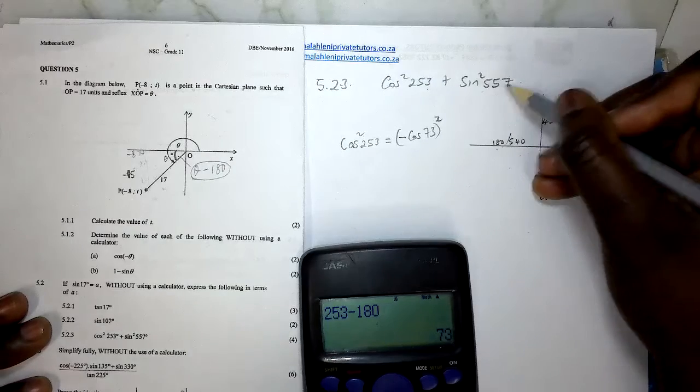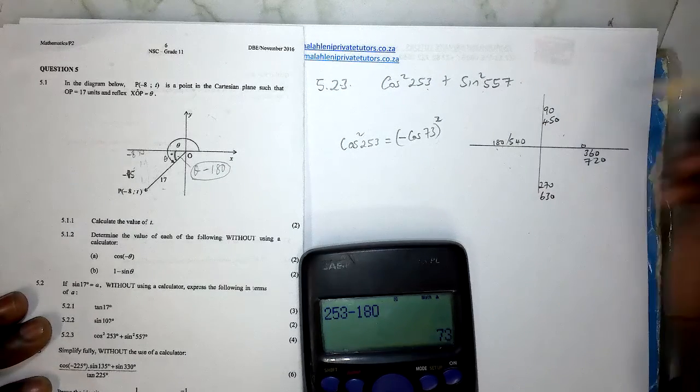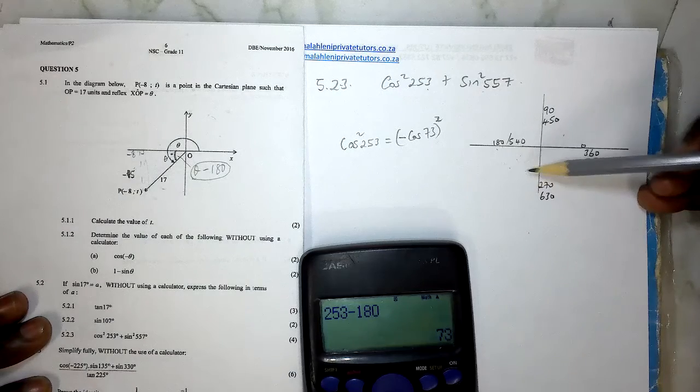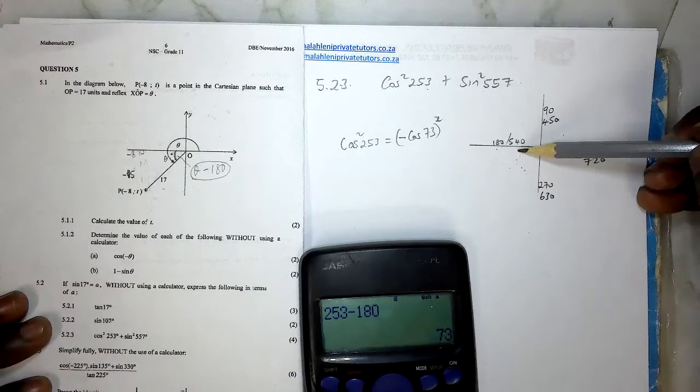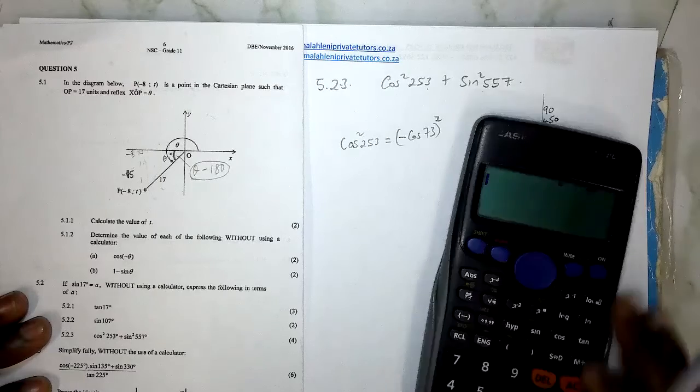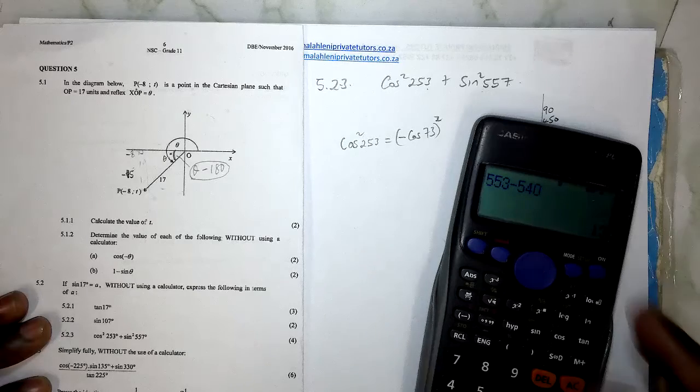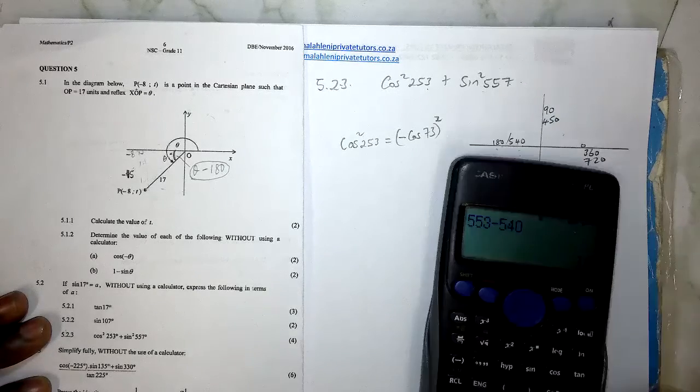What about sine 557? How do we get that? 557, we see also that it's actually in the third quadrant. How do we get the acute angle? We're going to say 557 minus 540.